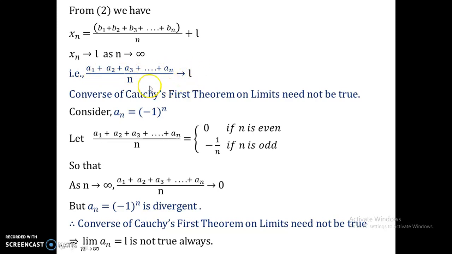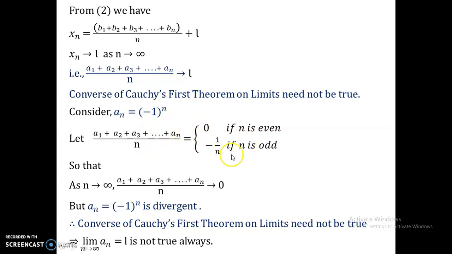So the converse of this theorem on limits need not be true, because if you take it that suppose it is 0, then the converse part of that limit does not hold. Cauchy's first mean value theorem on limits need not be true in the converse. By considering that an has alternating terms in that sequence, we can take a1 plus a2 plus a3 and so on plus an by n to be 0 if n is even, since every time n approaches an even term it is 0 there.